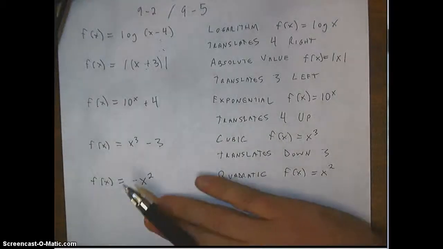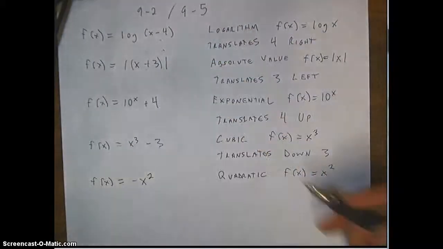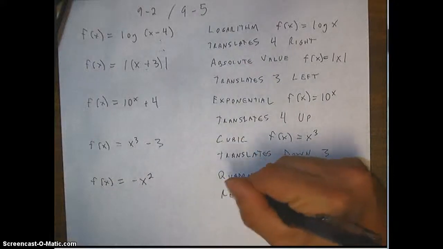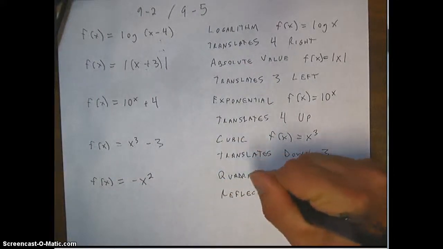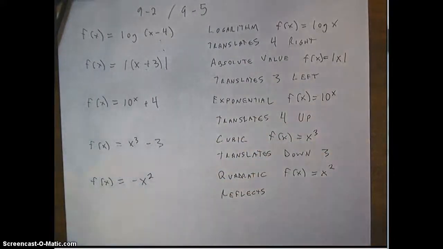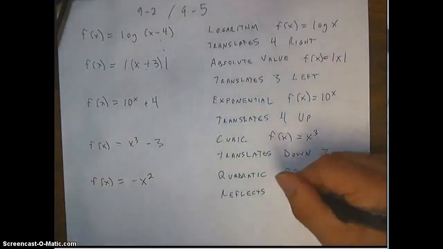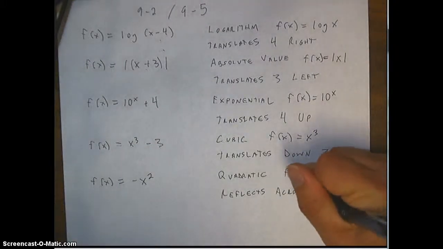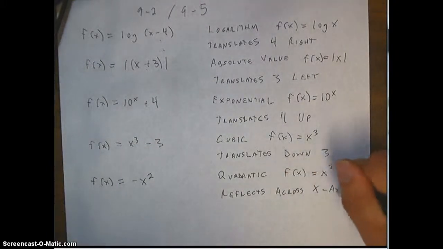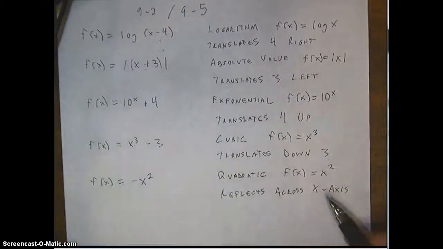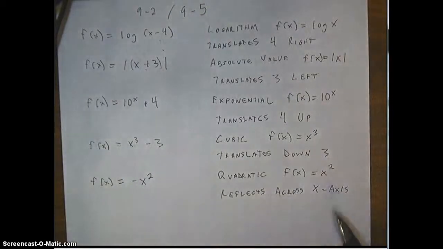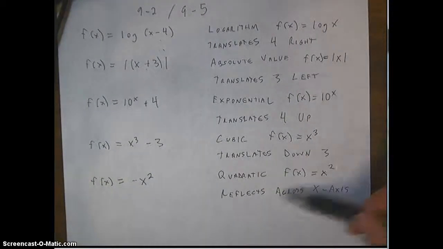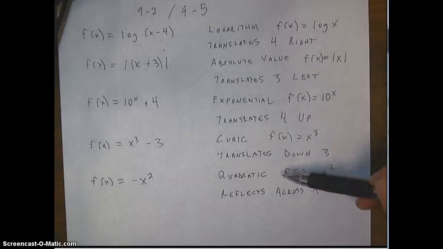Well, it just takes the whole graph and flips it over. We call that a reflection. In fact, it's a reflection across the x-axis. Don't forget about this across the x-axis part. That's important. All right, so this is everything we did on September 2nd and 3rd.